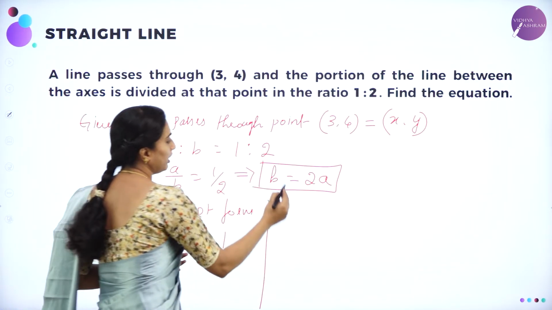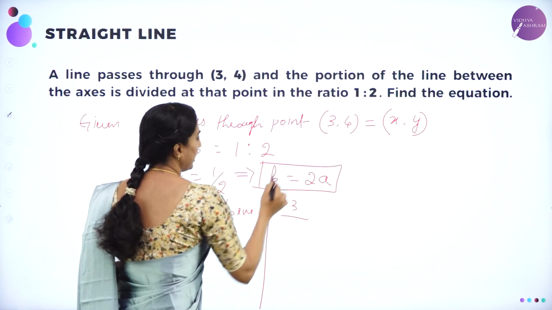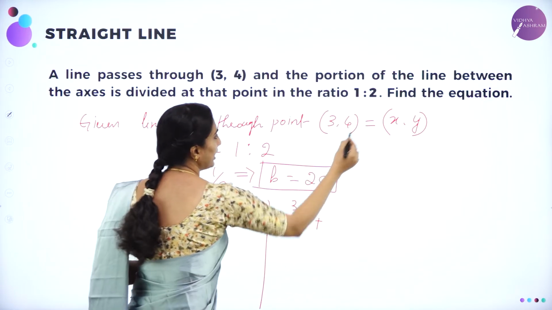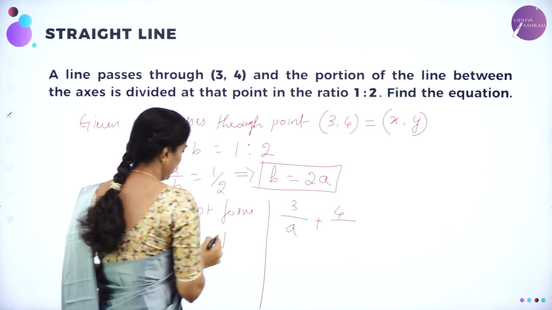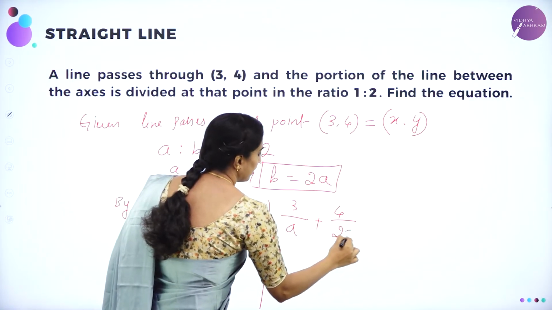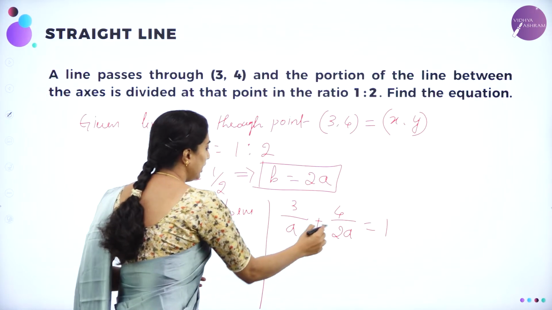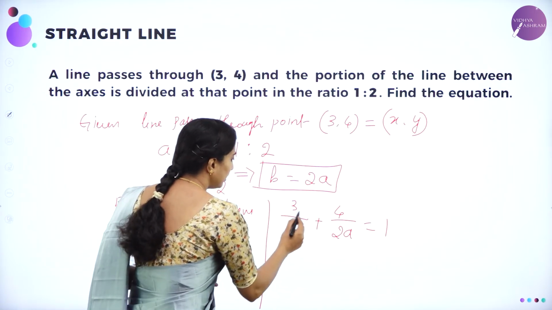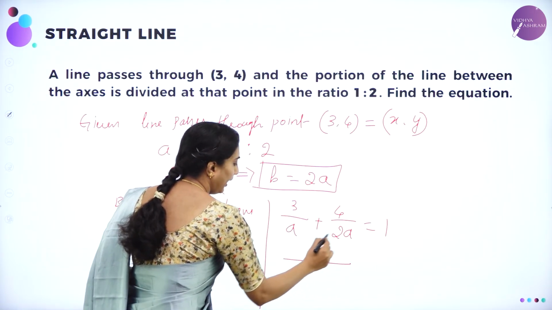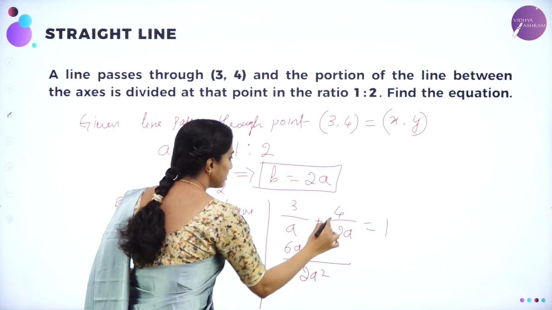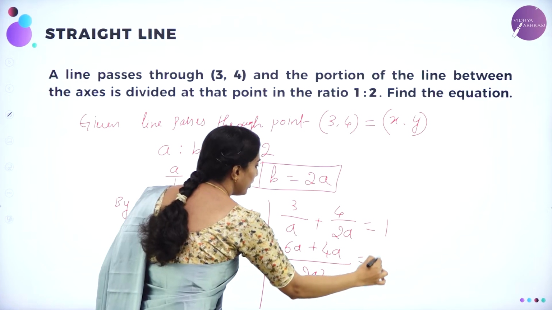Substituting x as 3, divided by a as it is, plus y as 4 divided by b, which is 2a, is equal to 1. Now taking the LCM, 3 into 2a, which is 6a. So a into 2a is 2a squared. 6a plus 4a is equal to 2a squared.